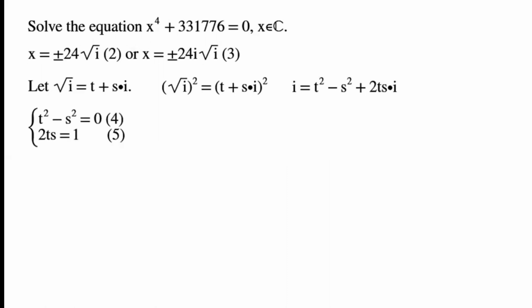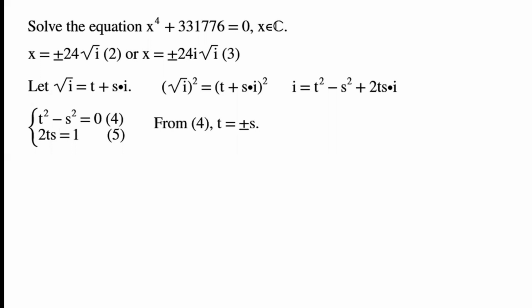On the left hand side of the equation, we have i. On the right hand side, we have t squared minus s squared plus 2ts times i. So t squared minus s squared must equal 0, and 2ts must equal 1.